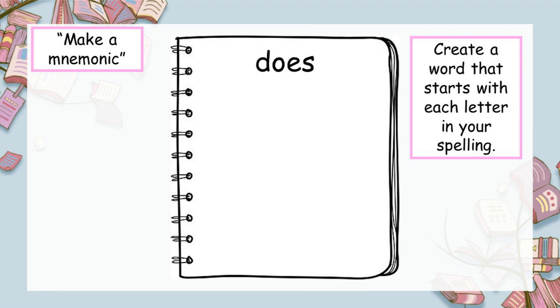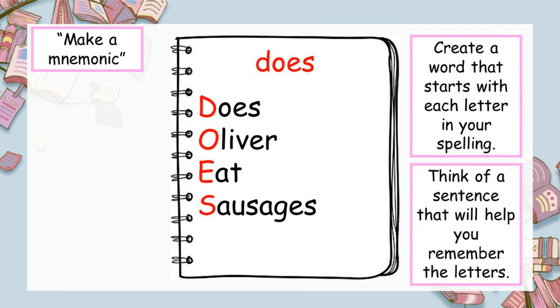It might be helpful to write them out separately like this, kind of like an acrostic poem. When we're thinking of our words, we want to try and make it into a sentence that we're going to remember. So the mnemonic I came up with for this word was, does Oliver eat sausages?